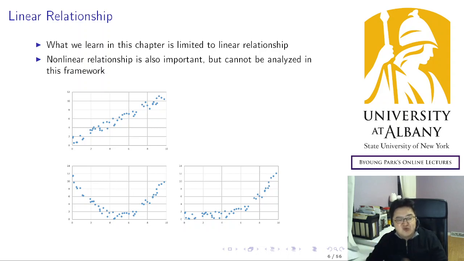Later, if you take more courses and study in a graduate program, there are techniques that handle nonlinear relationships. But in this course, we are not going to extend our framework because that will be more difficult. So to keep everything simple, I'm going to assume linear.